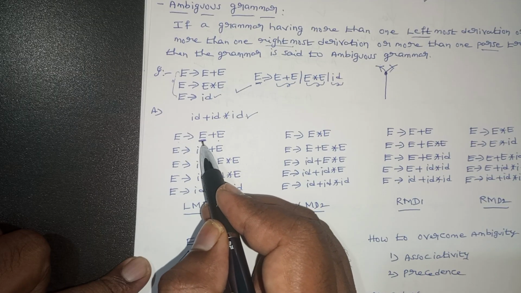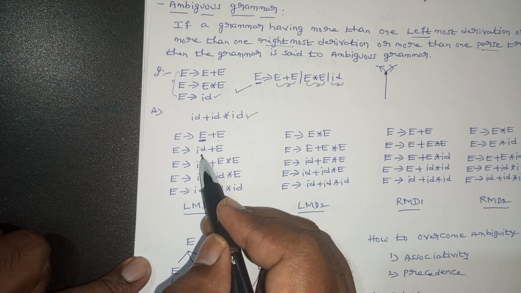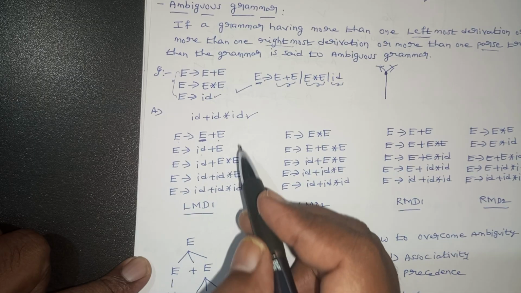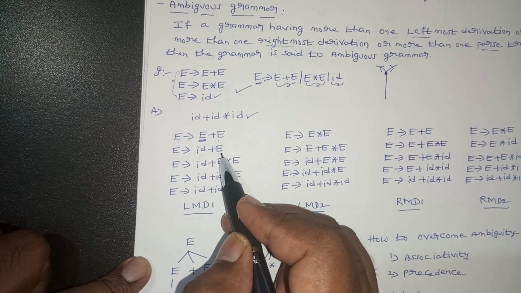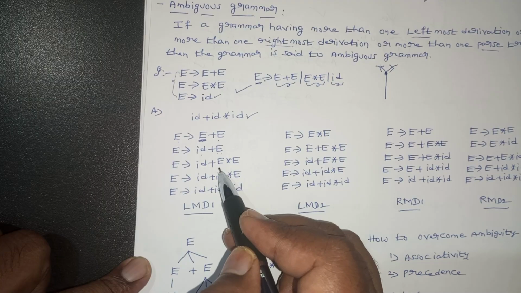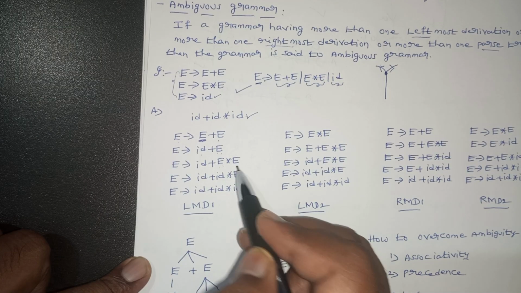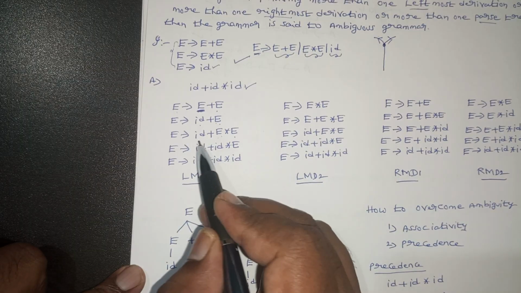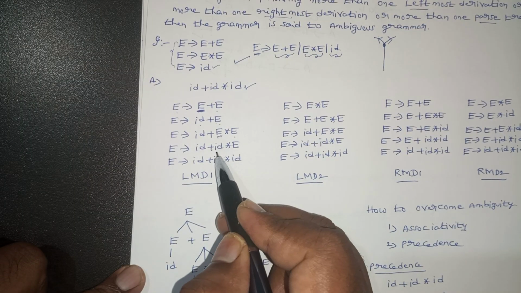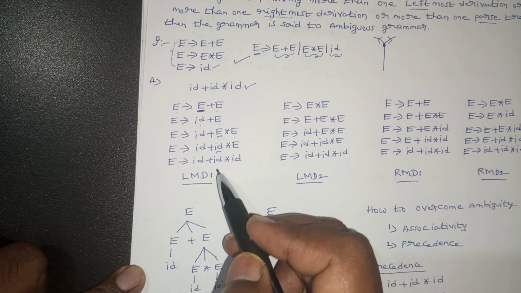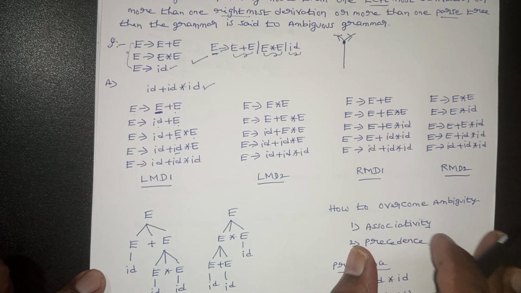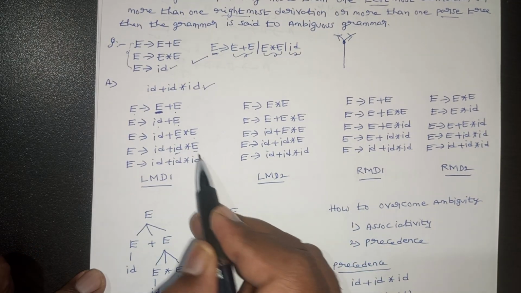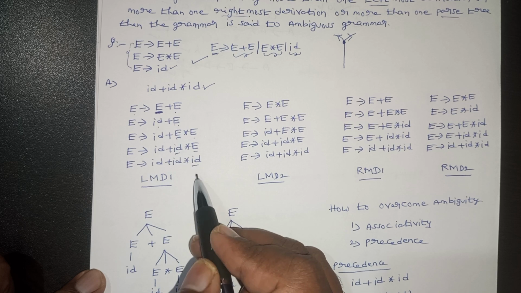E tends to E plus E. Now in the place of capital E I am writing ID. Now in the place of the next capital E I am writing E star E. Now tell me what I have to replace. In the place of this I am replacing ID. Next, in the place of E I am replacing ID.